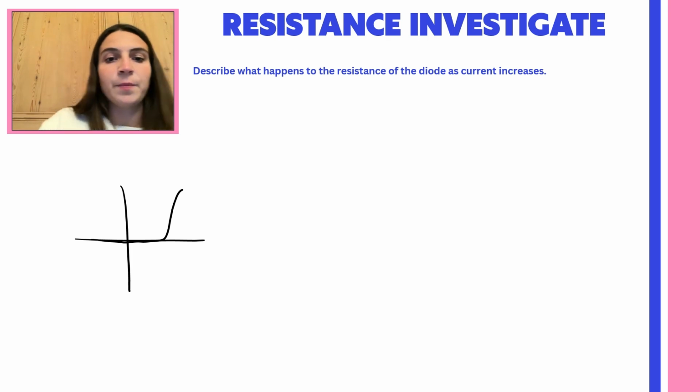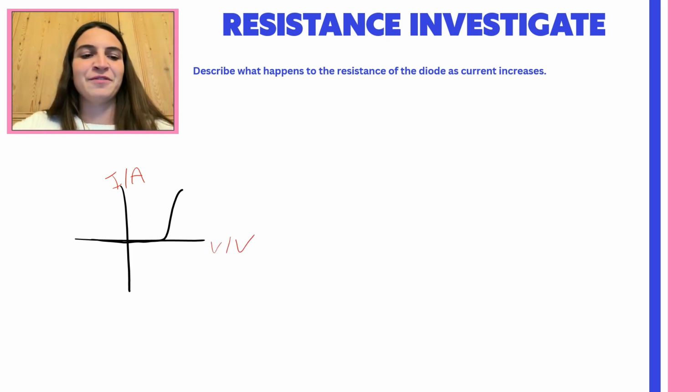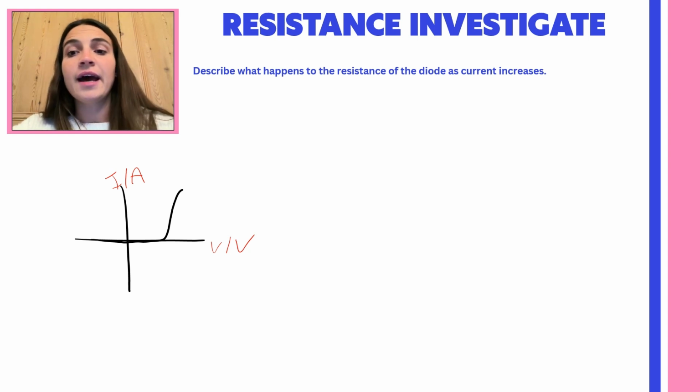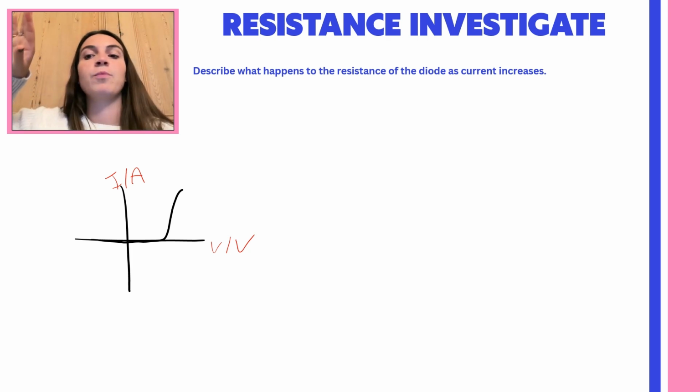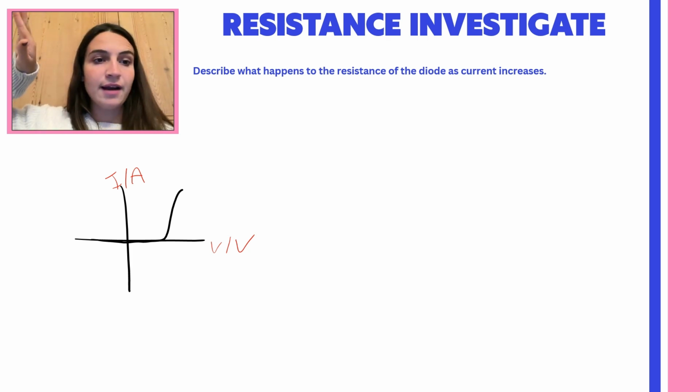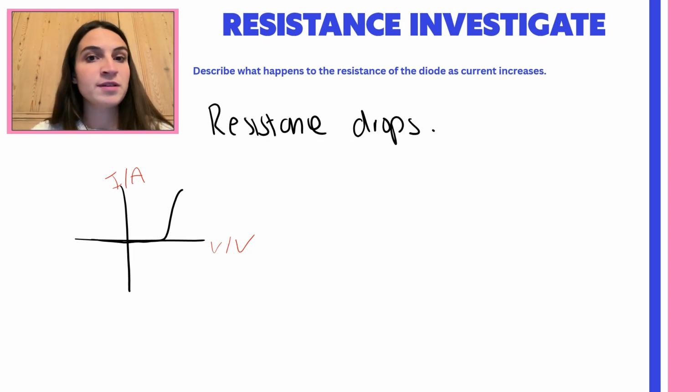Okay, describe what happens to the resistance of a diode as my current increases. So I'm just quickly adding my labels onto that graph. Anyway, this is my graph for a diode, and at those larger currents, my line goes straight upwards. So a really, really steeper gradient than before indicates, remember the opposite for my resistance: gradient went up, so resistance went down.